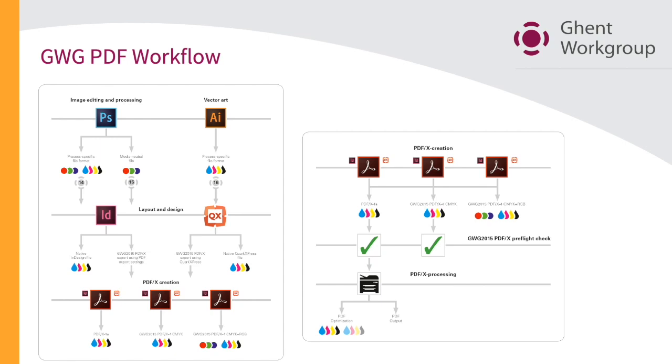When you think of InDesign, you place the RGB images, you place the PDF or Illustrator artwork, and every color you define in InDesign is usually a CMYK and/or spot color in the output color space. Then we come to the process of the creation of the PDF/X file.